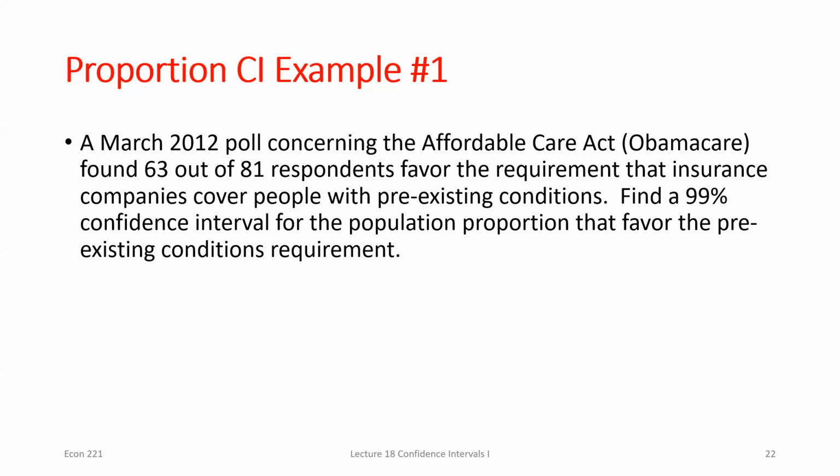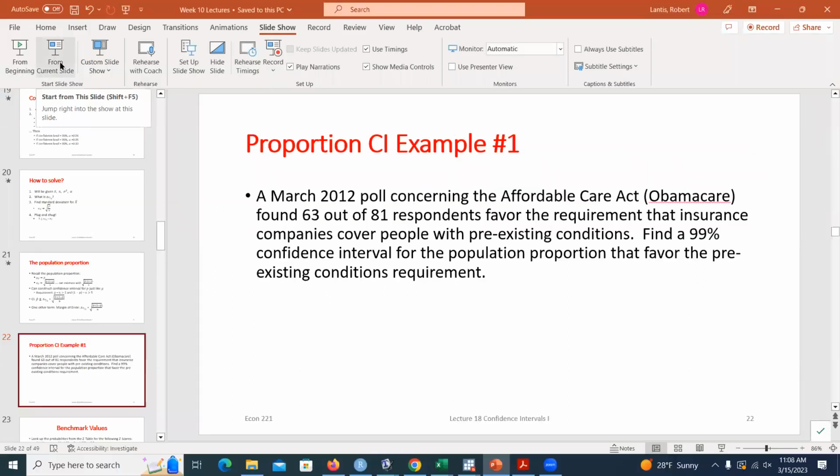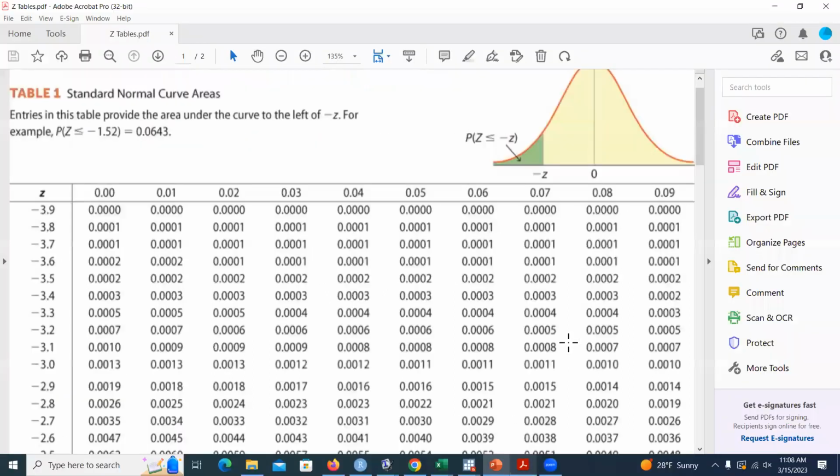Well, that means I've got half of alpha in each tail, or 0.005. So I'm then going to go to my table. When we're doing confidence intervals, and I'll go into this a little more in a second, we're using the inverse process. We know the area in the tail that we want, 0.005, and we want to find that corresponding z-value.